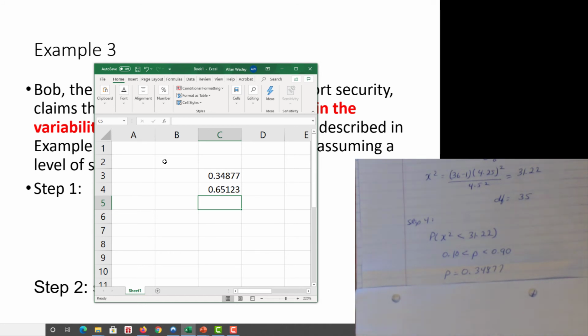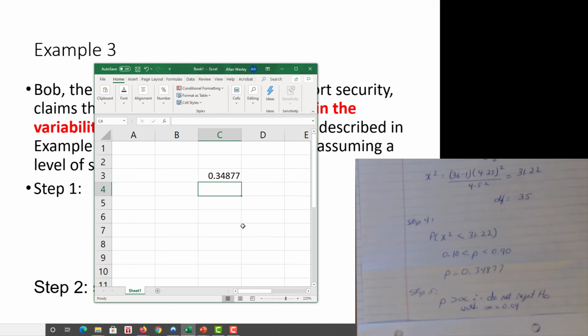Nevertheless, regardless of which number we're looking at, still a very, very big p-value. And with that very, very big p-value, it's too risky rejecting H0 in this case, so we will not do so.